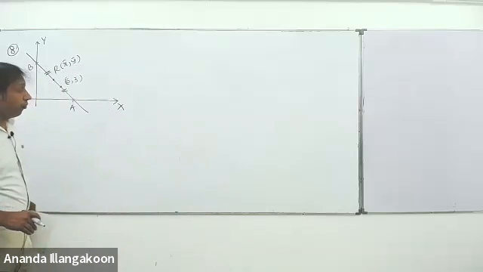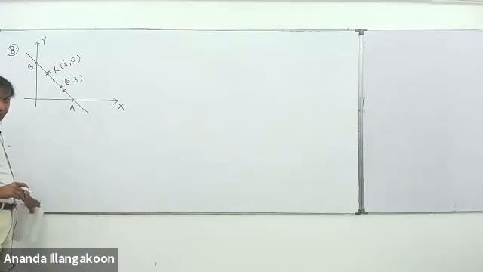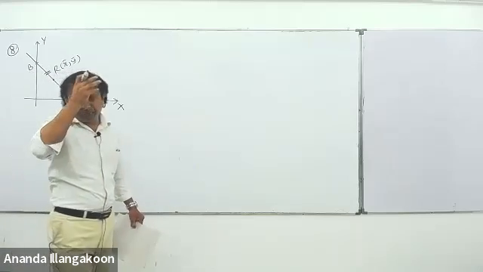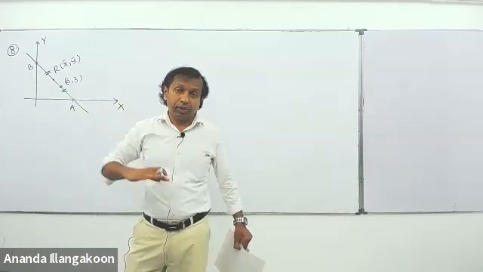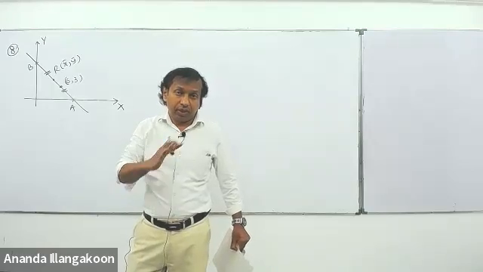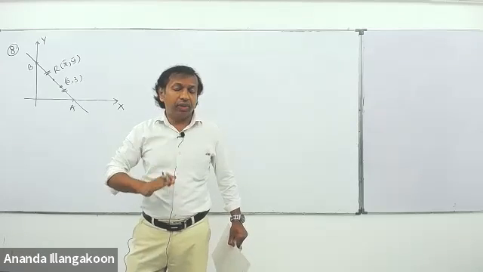You know, we are given this line passing only through (6,3). We are not given its gradient. The gradient can be anything; gradient is the variable here. It can take any gradient.